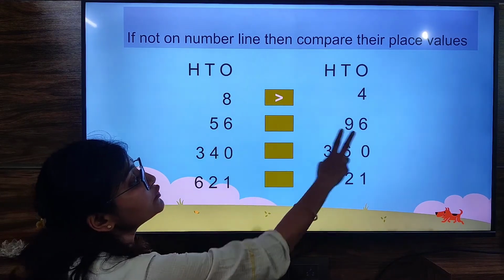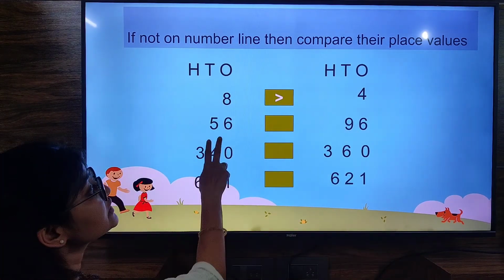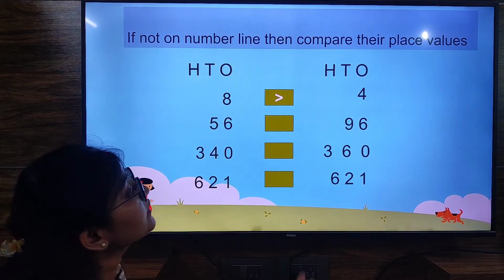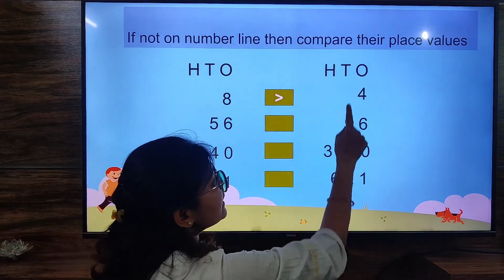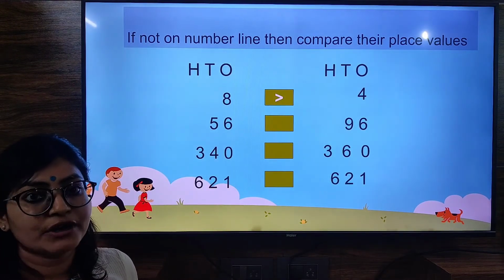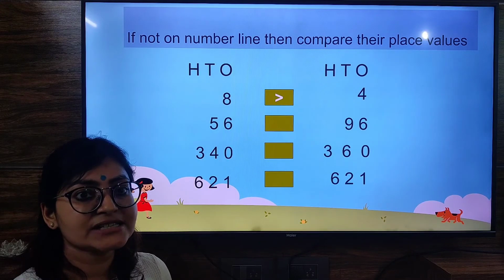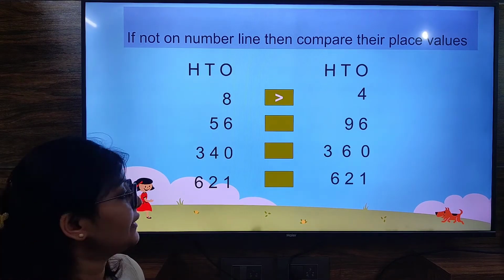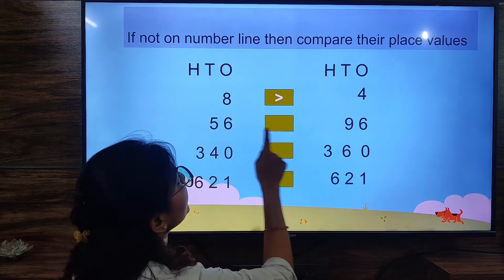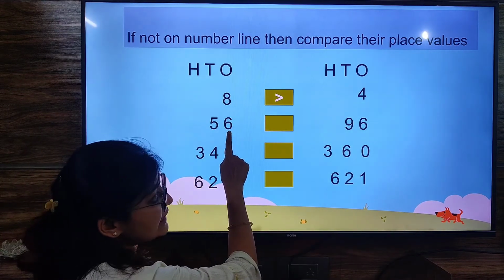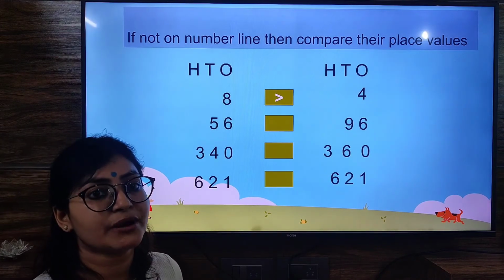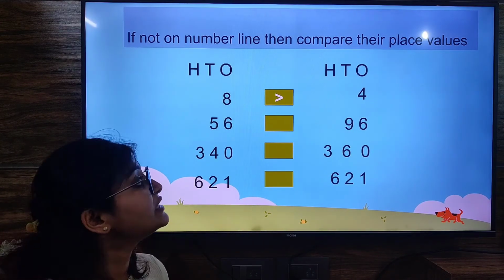Now we have two digits here. This is 56, where 6 is for ones and 5 is for tens. In 96, 6 is for ones and 9 is for tens. Now when we have a number which is more than 10, how to compare them? First we will compare their ones value. Here in ones it's 6 and this is also 6. So it's the same, we cannot say which number is bigger or which number is smaller.